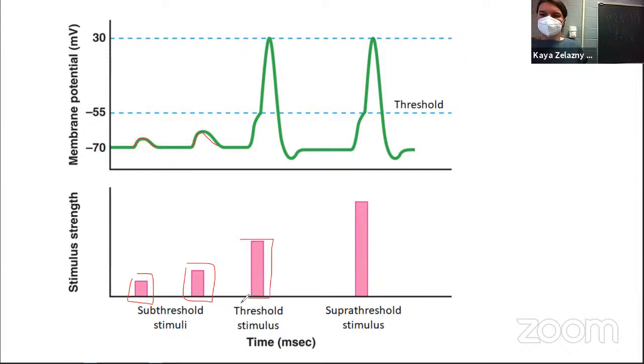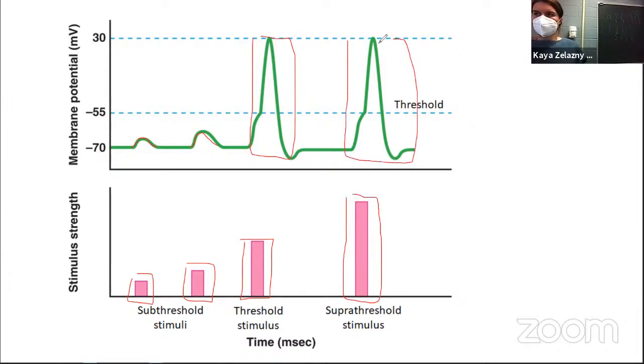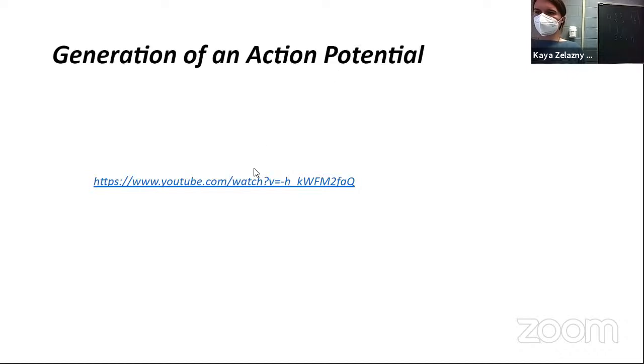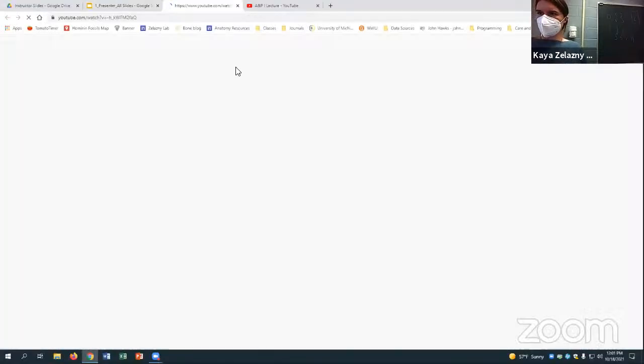If we get to threshold, we kick off an action potential. And if we even have a suprathreshold stimulus, like a really big one, we still just kick off that same action potential. Absolutely nothing different about it. So the only difference would be in that initial stimulus and in the graded potential, not in the action potential.